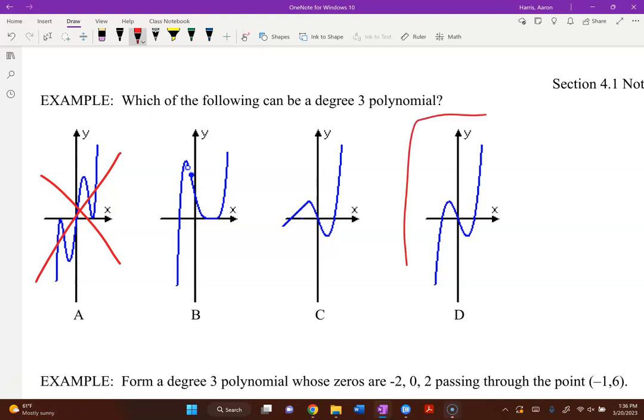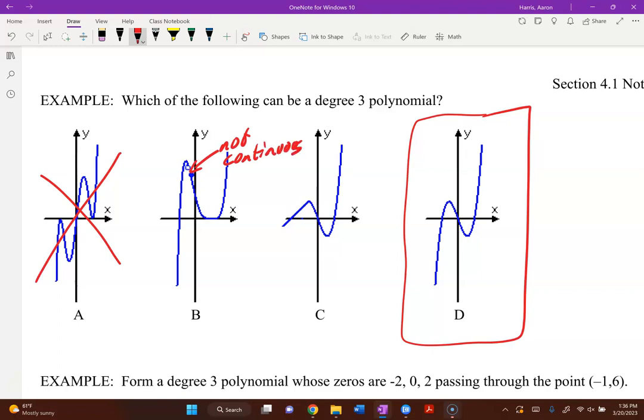D. It is D. Okay, why is it not B? So not continuous. Remember, these got to be smooth and continuous. Why is it not C? It's not smooth, right? That's a sharp point right there. So not smooth, exactly. Okay, good.